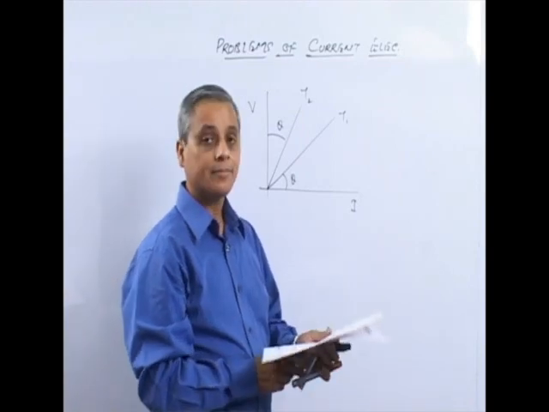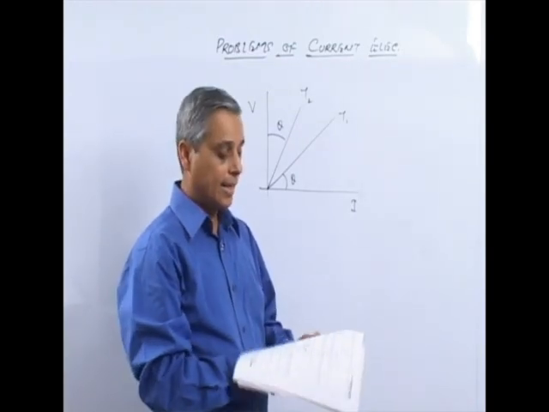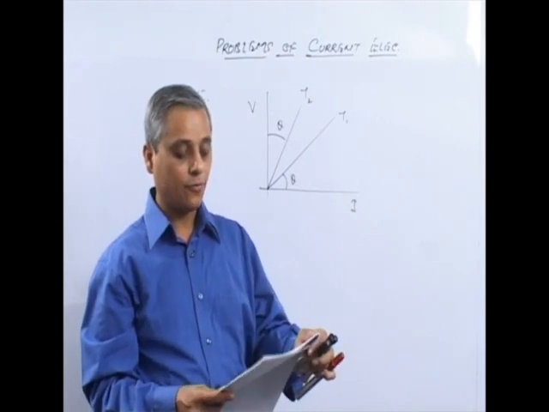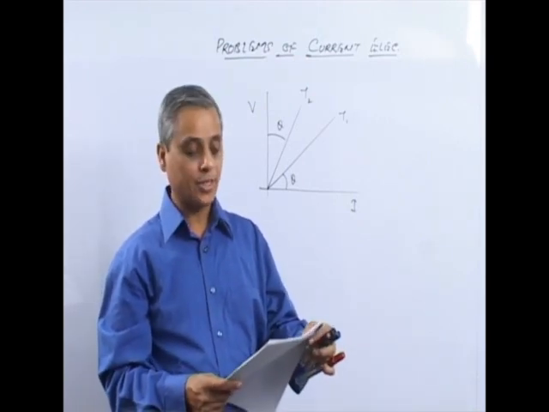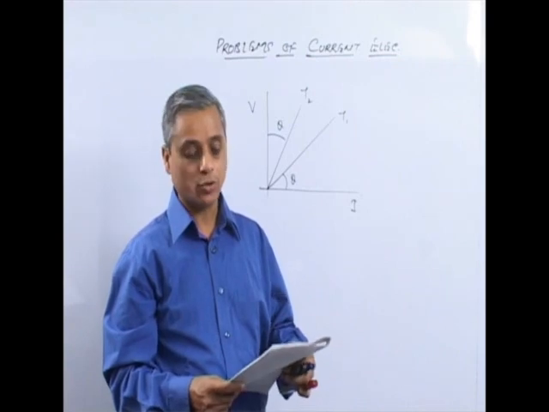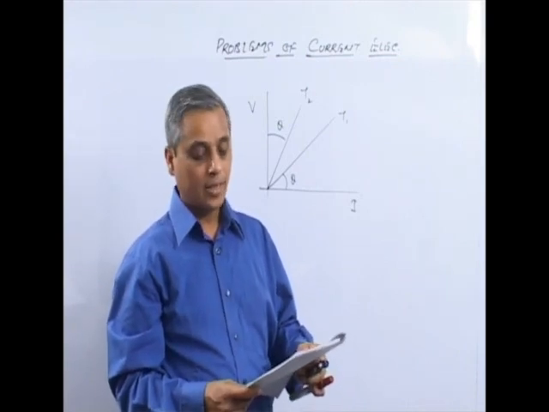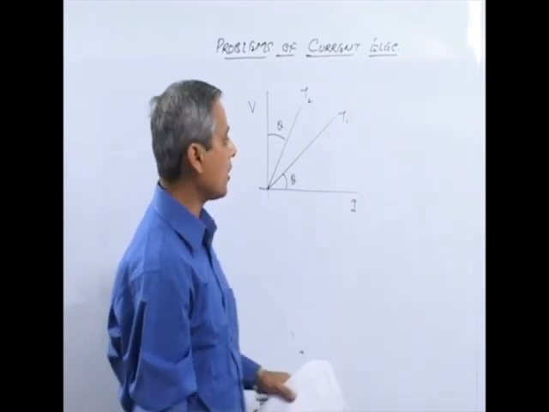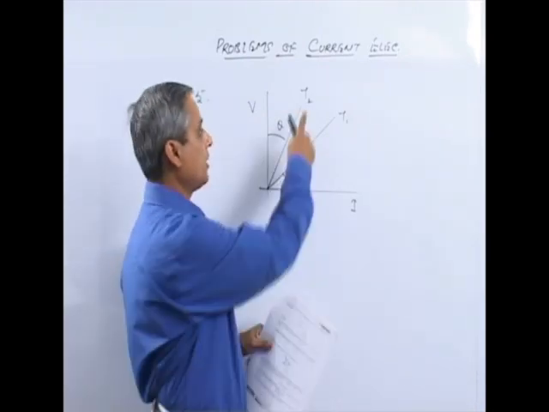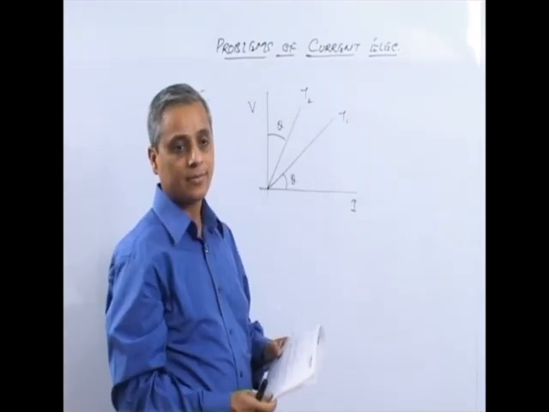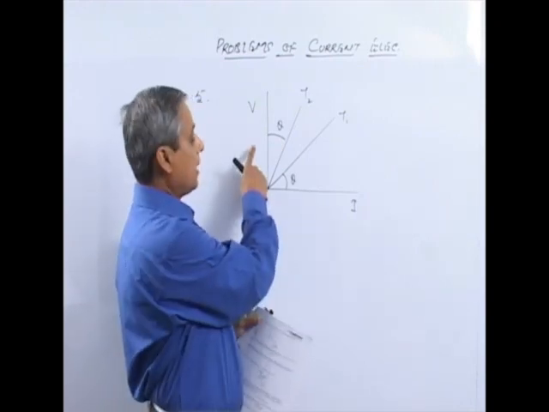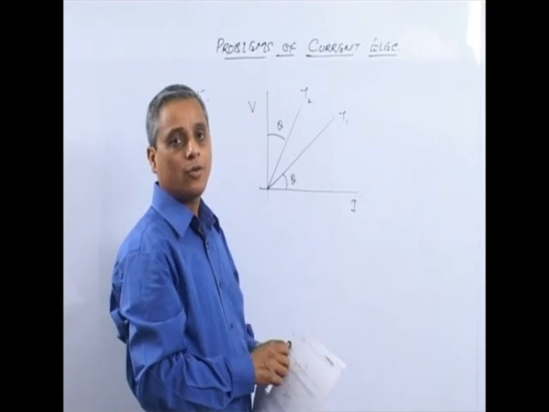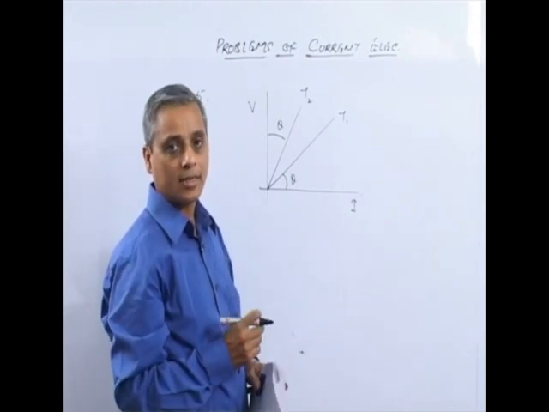Now here the question goes like this: the VI graph for a conductor at temperatures T1 and T2 are shown in the figure. Now T2 minus T1 is proportional to, so we want to look for the proportionality of T2 minus T1. Now see, in a VI graph, the slope of the line gives you the resistance of the conductor.